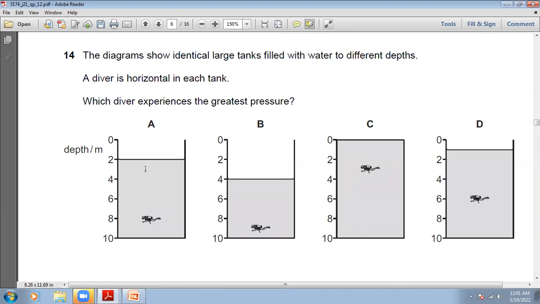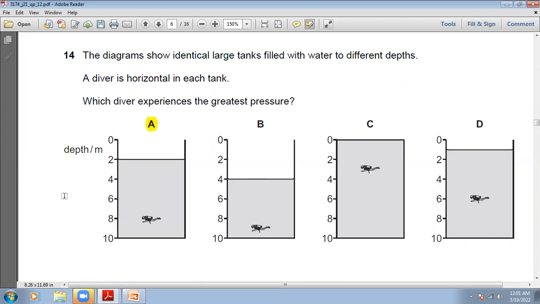You can see here the depth of the liquid is 6 meter. Here the depth of the liquid is approximately 5. And here the depth of the liquid is 3, I think. Here the depth of the liquid is 4. Okay. So here the depth of the liquid is from 2 to 8, that is 6. So here is the largest depth, I think.